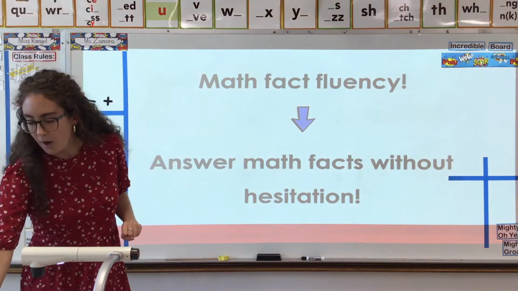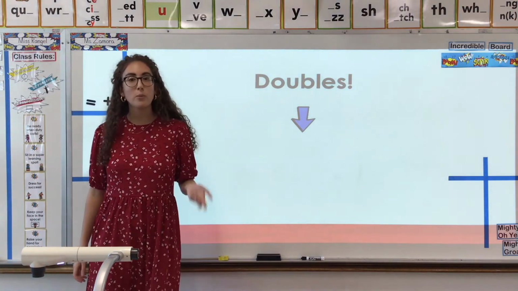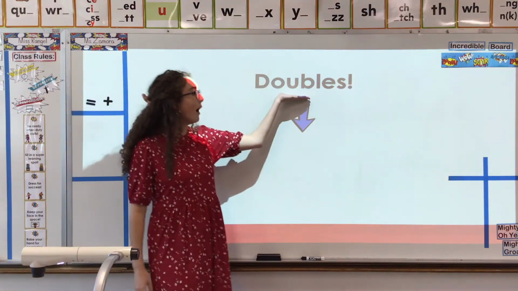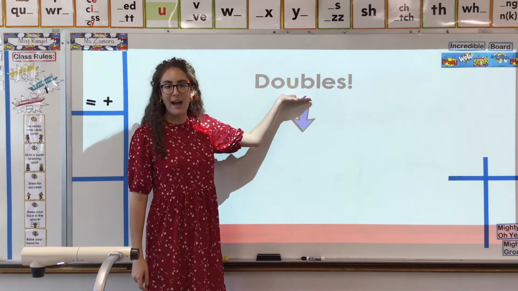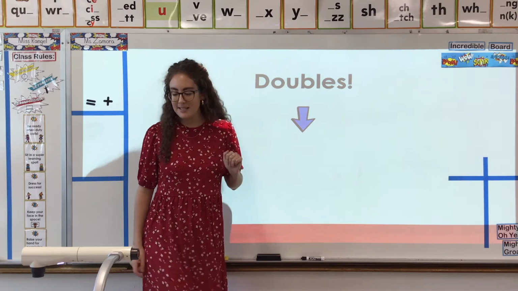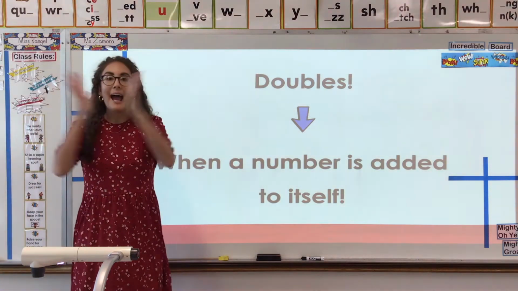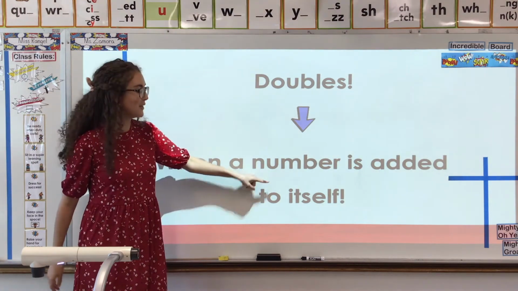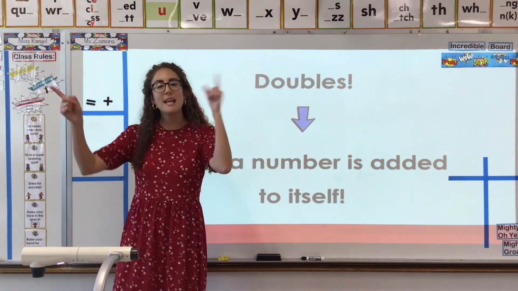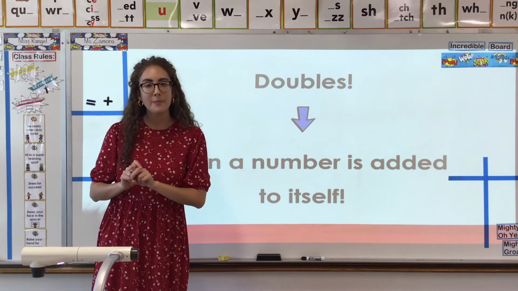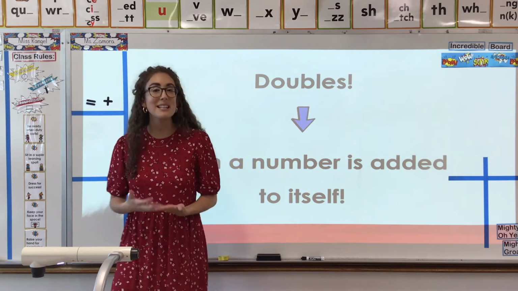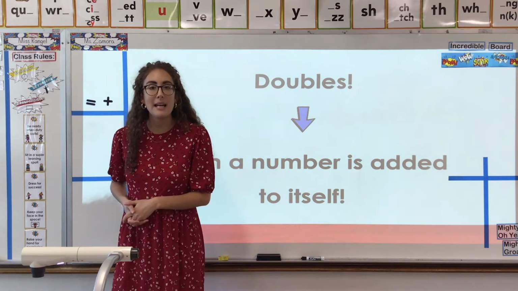So today, our next set of math facts we are focusing on is what we call our doubles facts. Our doubles facts. And that means when a number is added to itself. When the same number is added twice. Our doubles facts are really common and really important in math.